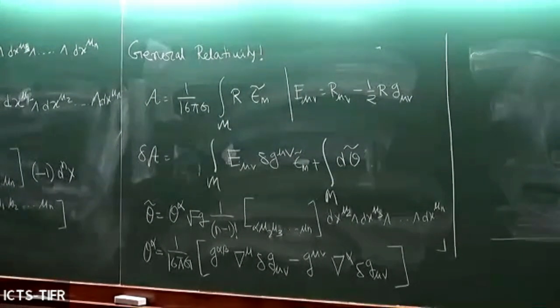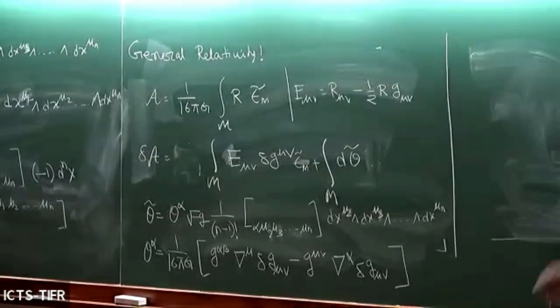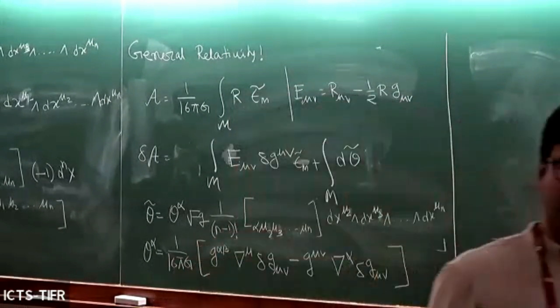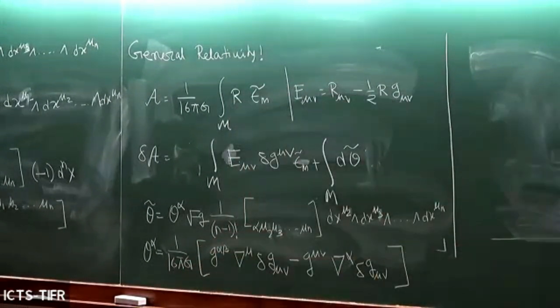Notice that even in classical mechanics, theta came from the first variation of the Lagrangian, but when I take omega, there is another d acting on it, so that is related to the second variation of the Lagrangian.